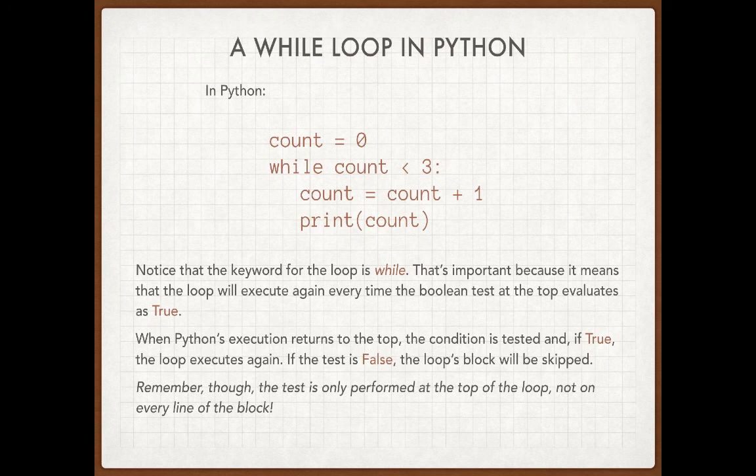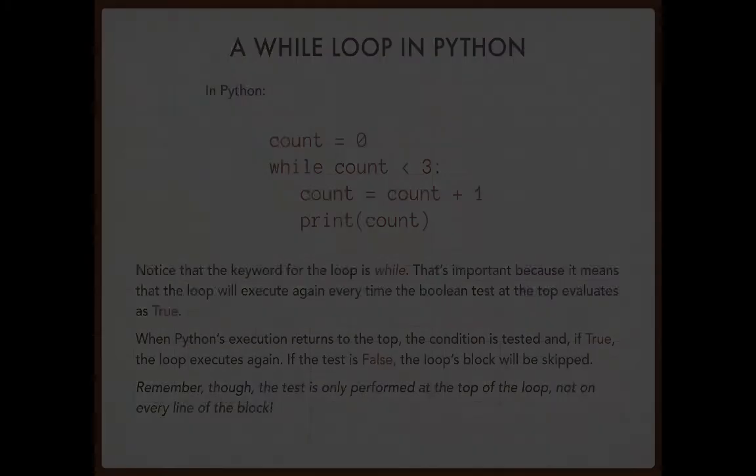And you'll notice there isn't any explicit please go back to the top. Python knows already when it gets to the end of the block that it should flip back up to the top and start over. So we don't ever explicitly have to tell Python to return to the top and do that Boolean test again. It already knows how to do that. This is built in to the concept of a loop in Python.